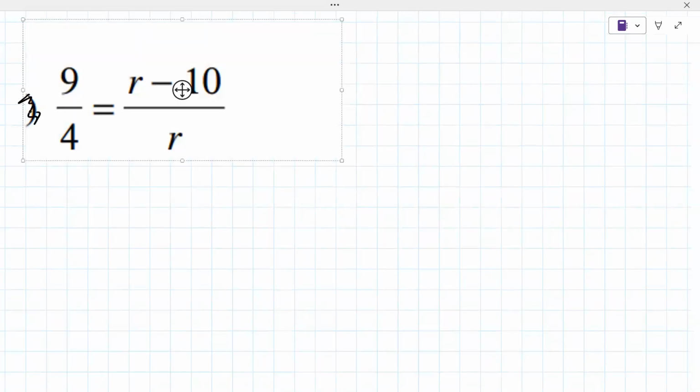Give that a try, please. 9/4 equals r minus 10 over r.